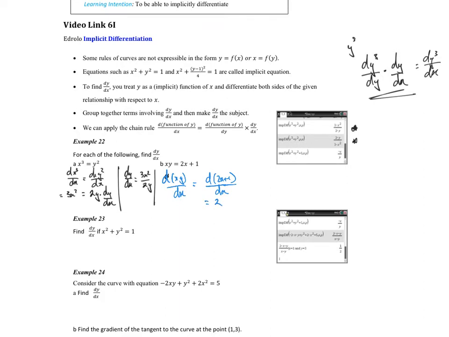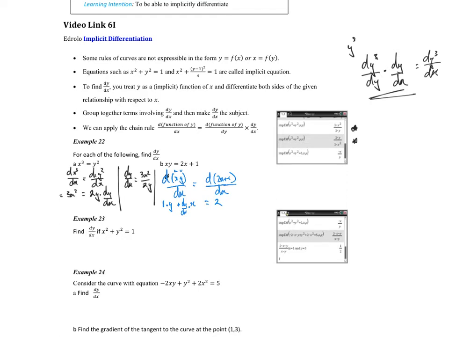Now the left hand side, we have a product of two functions. Y, don't forget, is a function of x, so we have a product of two functions. So u and v, the derivative of x is 1 times the second function, plus the derivative of the second function, which is dy dx, times the first function, which is x.